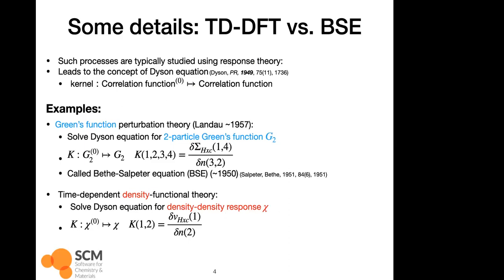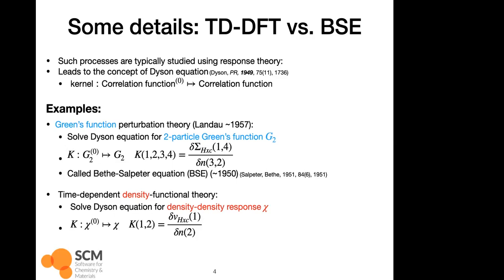So when we do BSE, we solve the Dyson equation for the two-particle Green's function, which I call here G2. And this object is relatively complicated because it depends on 4 coordinates. And also the kernel of this Dyson equation also depends on 4 coordinates.